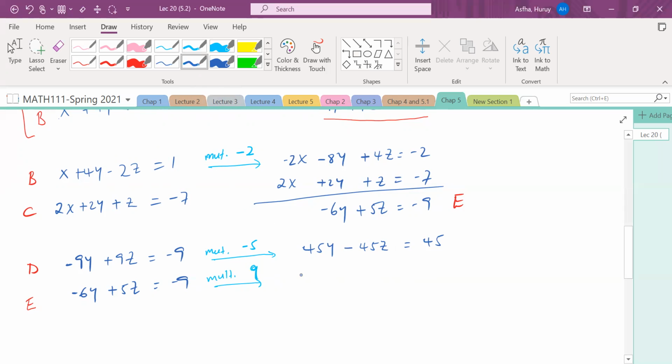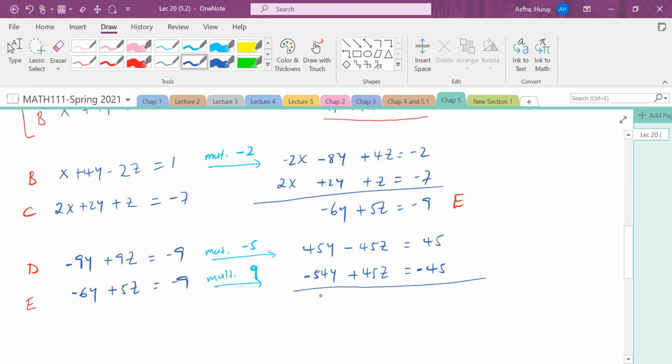And then we get -54y plus 45z equals -81. Oops, this has to be negative, yeah.